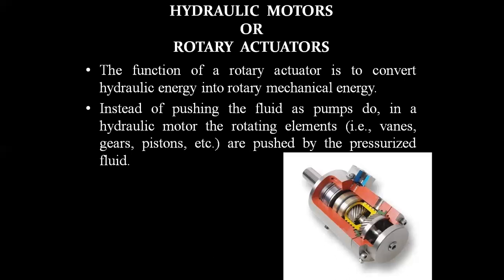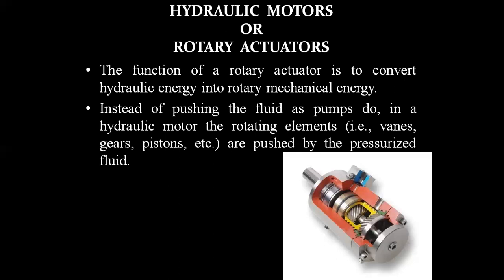What is a rotary actuator actually doing? What is its function? How does it function? Due to that function, what happens to the output work? Likewise, these are the topics we are going to see in this video. Generally, a rotary actuator converts hydraulic energy into rotary mechanical energy.